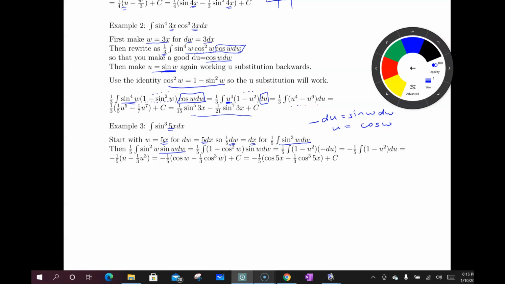I want to make my u as cosine work, so I'm going to change sine squared to 1 minus cosine squared. And so then 1 minus u squared, and sine of w gets replaced with negative du. I'm going to take the time to pull that negative on the outside, then take the integral of 1, which is u, and the integral of u squared, which is u cubed over 3. Then put the cosine of w back in, and then put the x's back in.